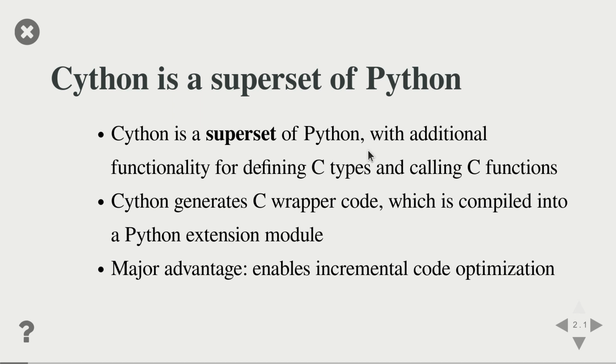And once you've compiled it, you get a Python module out that you can load in from any other Python program and execute the function that you've implemented. The major advantage of using Cython is that you can do code optimization incrementally, because any normal Python module is also valid Cython code. So in principle, you could just take your Python code and apply the Cython compiler to it to get a compiled Cython implementation of that.